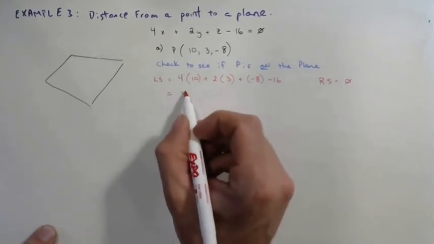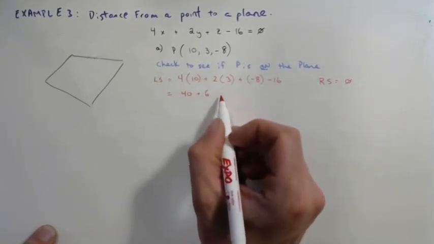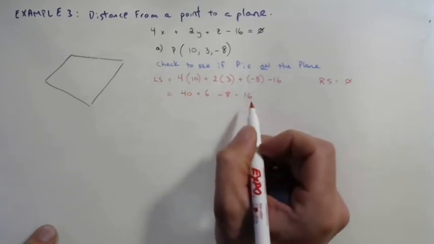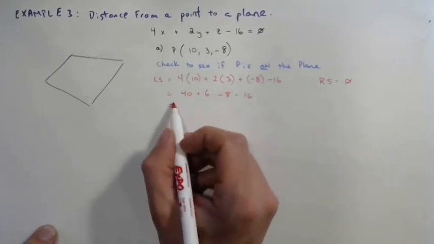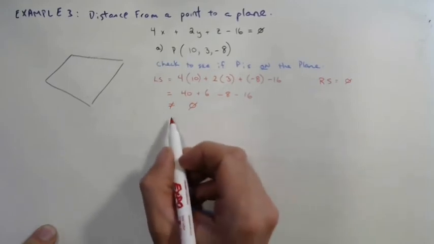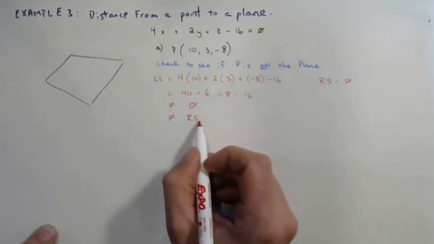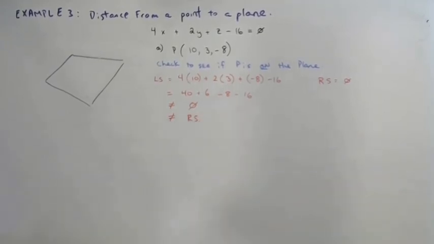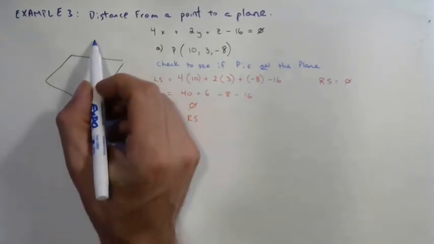So here I have 4 times 10 is 40, plus 6, minus 8, minus 16. This is not going to be 0, okay? So I'm just going to say left side is not equal to right side, which means it's not on the plane. Okay, so now it's some distance from the plane.